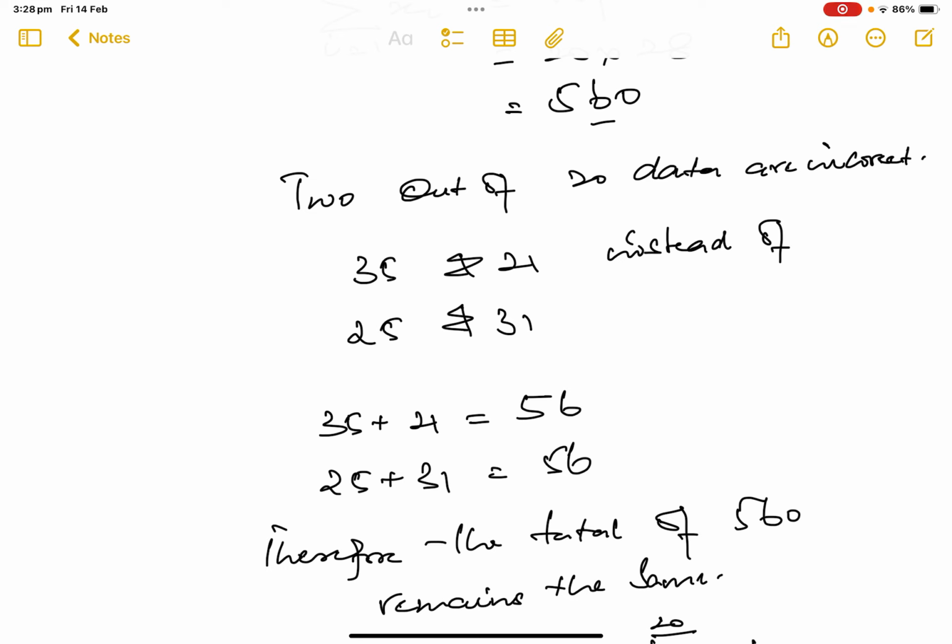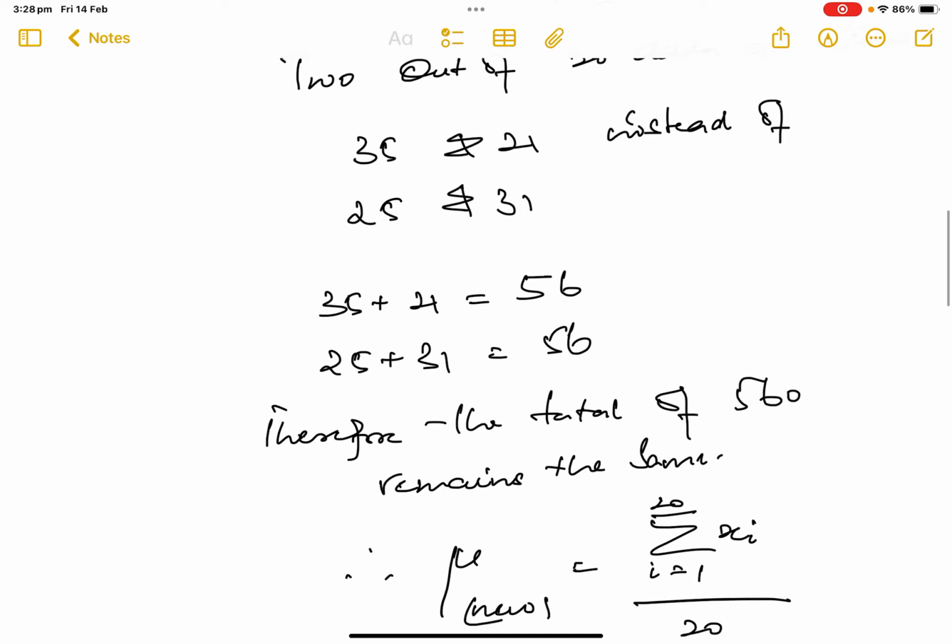There could be, say, x5 and x7 or whichever. In those 20 days, 2 days' temperatures were 35 and 21. They recorded those, but they should have been 25 and 31.